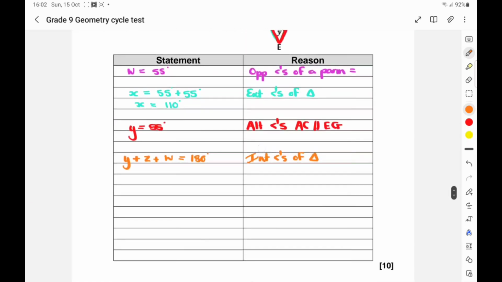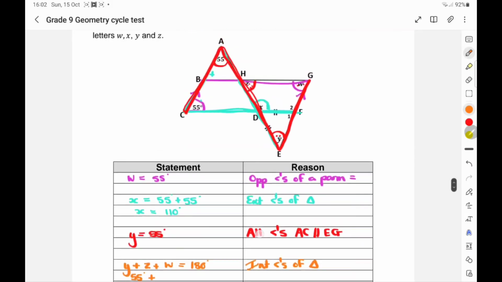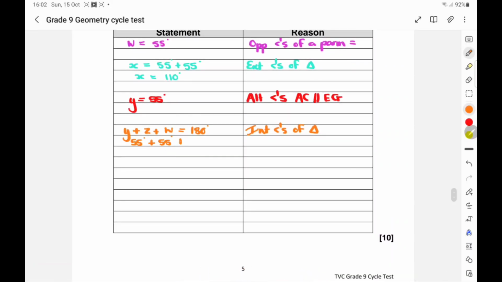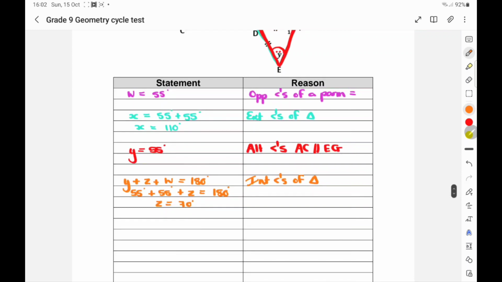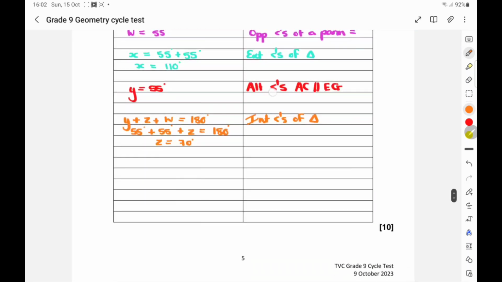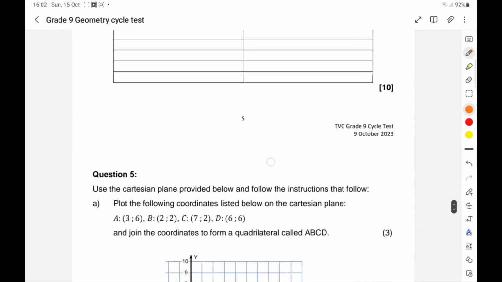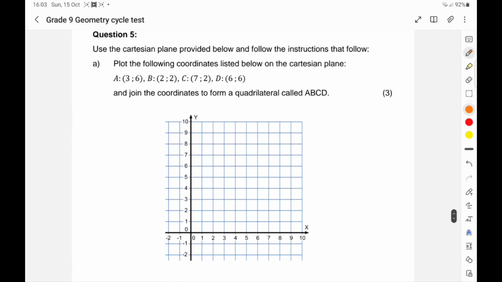So W we've got as 55 degrees, Z we're still working out, and Y is 55 degrees, plus Z is equal to 180, thus Z is equal to 70 degrees. Okay, it looks like a lot and for lots of marks, but as long as you know your properties, you could have done that.